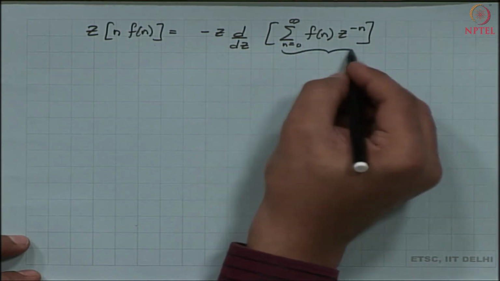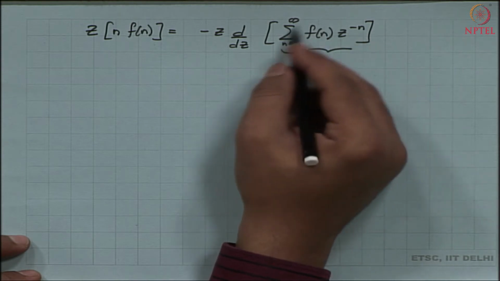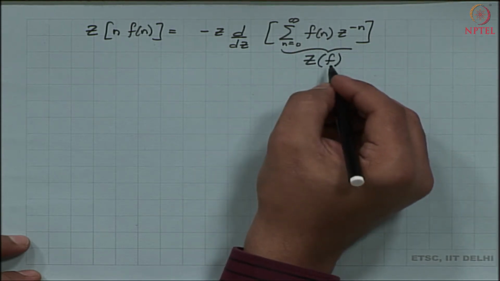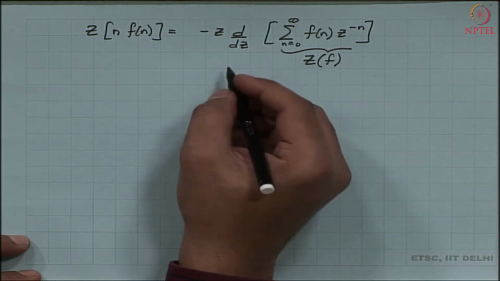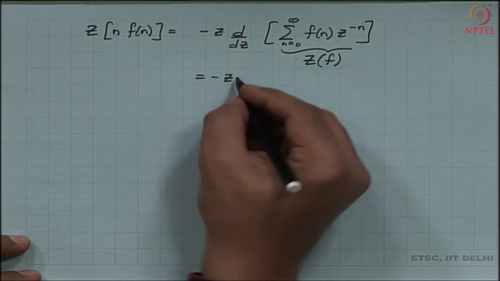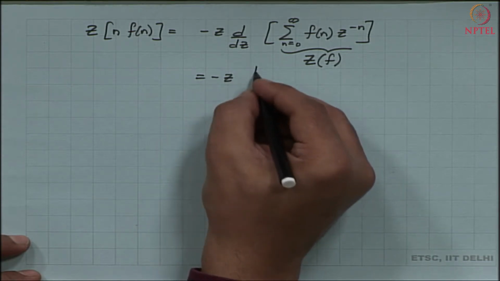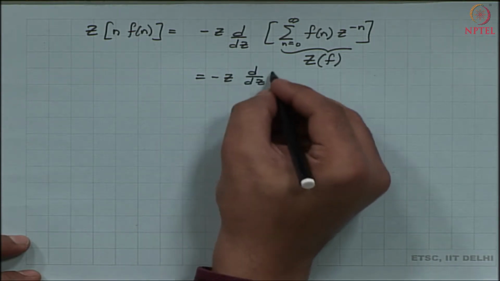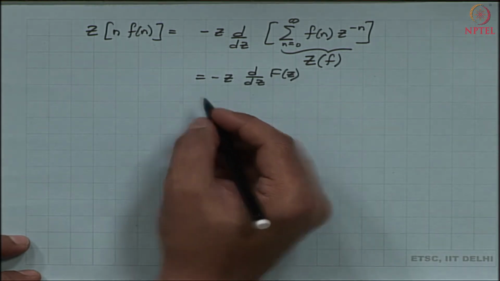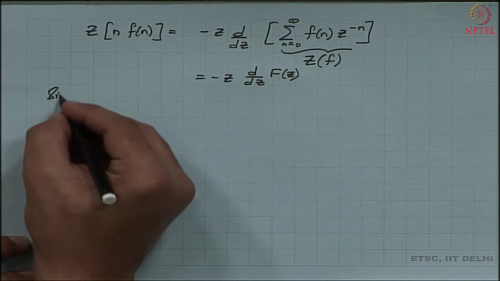Notice that the argument inside this derivative operator is the Z transform of f. I see that this is also equal to negative z times d d z of the Z transform of f.